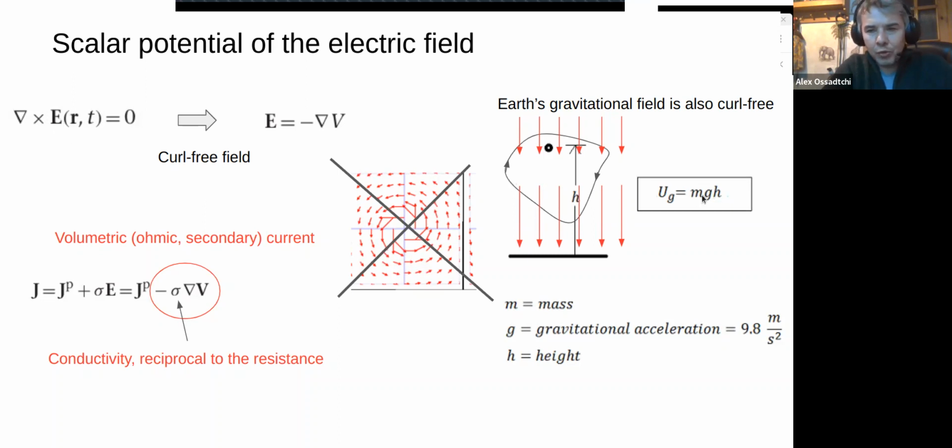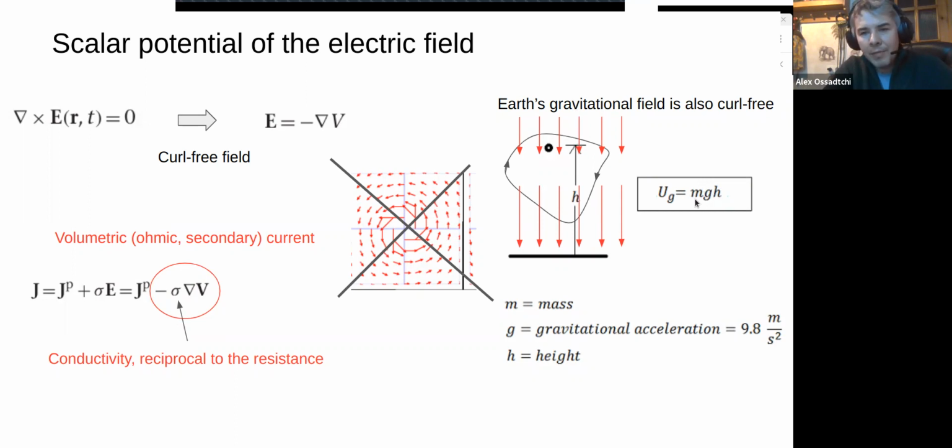The magnitude of g is equivalent to the magnitude of E. The direction of g is always towards the ground, right? You can think of these vectors as equal to the free fall acceleration, and the further away from the ground, of course, the smaller this value is. And that's your g.